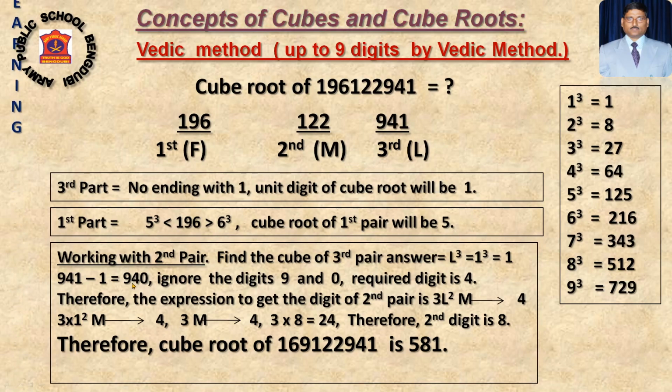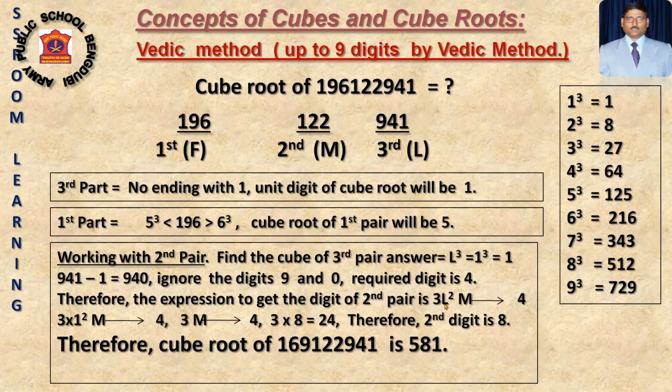You have to forget the 0 and 9. Only the middle part you have to consider, 4. You have to get back the digit 4 by the expression 3l square m, 3 into last part square into middle part. That should be the digit 4. So in this case l was 1, that means 3l.